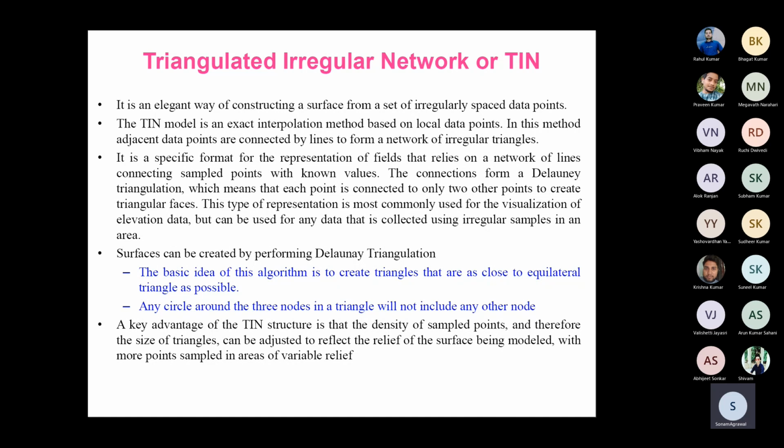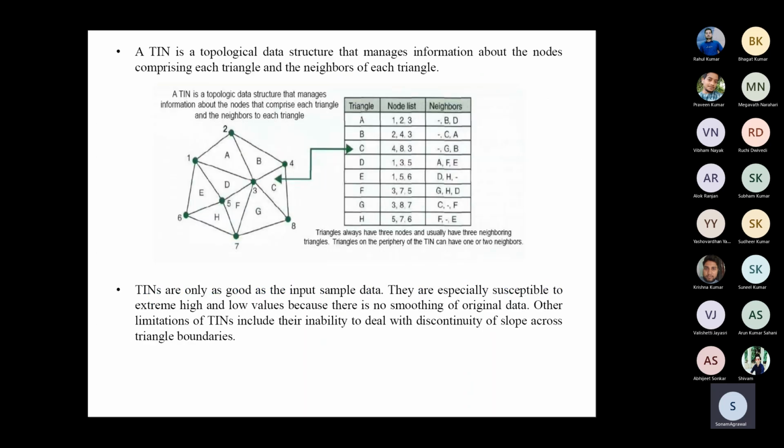We can change the sampling accordingly, and thereafter the points are joined together in the form of triangles by using Delaunay triangulation. As you can see on the screen, there are different points and the points get stored.